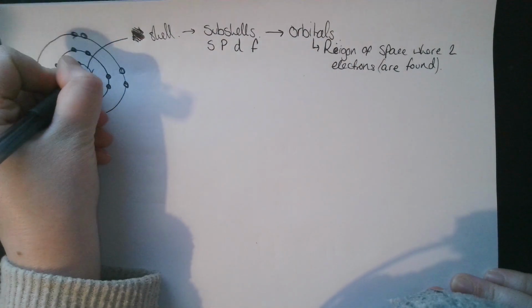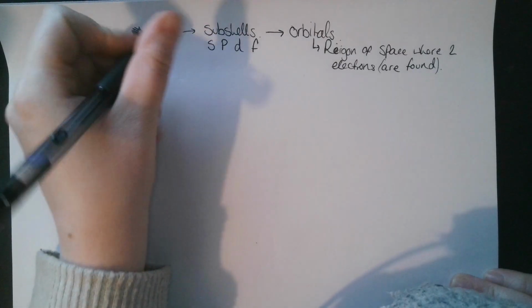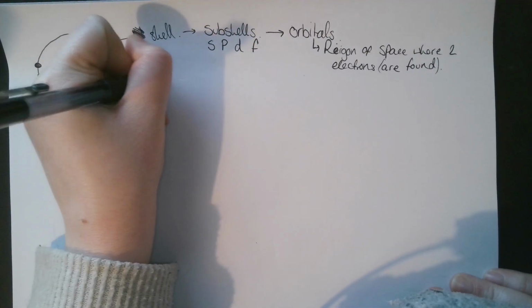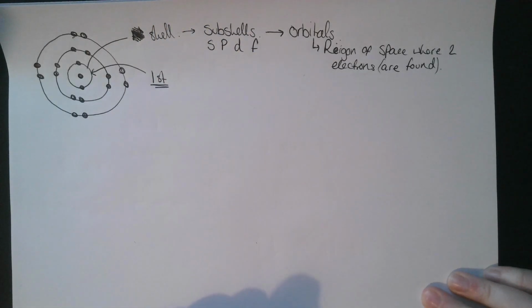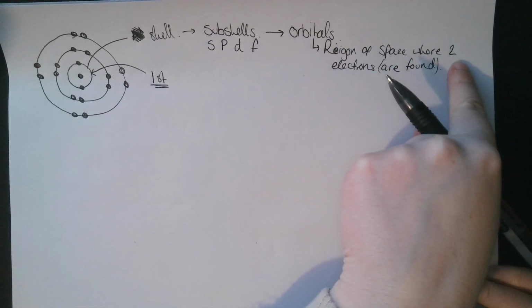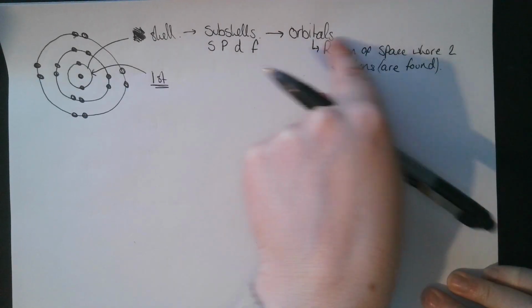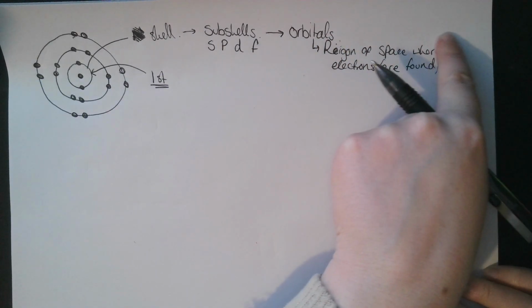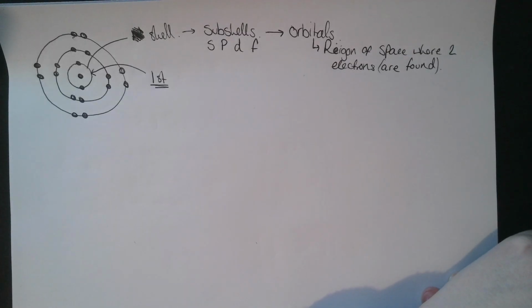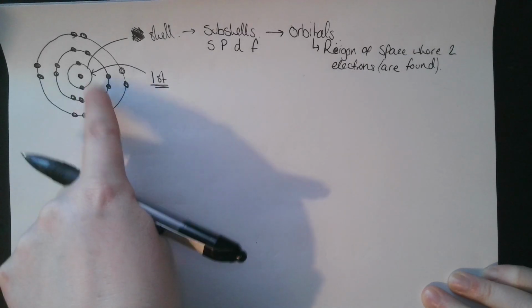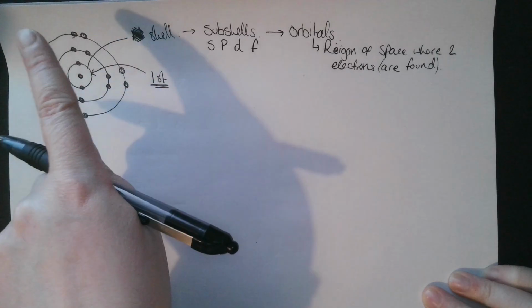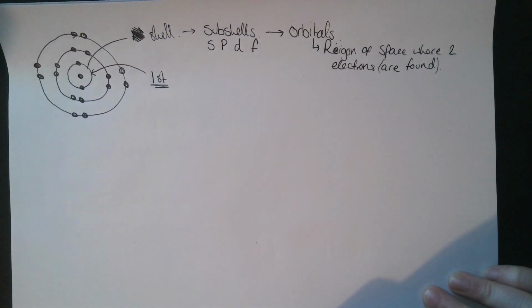So going back to the first shell, okay, well, I've just told you that the orbitals tell us where 2 electrons are. And I've been telling you that the first shell can only hold 2 electrons.